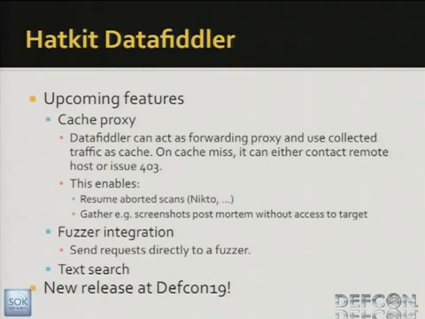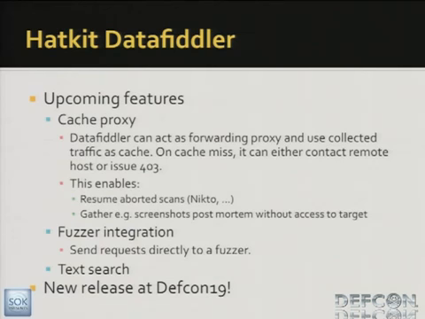Fuzzer integration. We hope to integrate directly with JBroFuzz, so that if you have a request and you want to do a manual request, you can just send it to JBroFuzz and it pops up. Currently, we've only implemented so you can send it to the browser, and you can also right-click and get a copy of the fully qualified request, which you can paste into the manual request of the proxy of your choice.